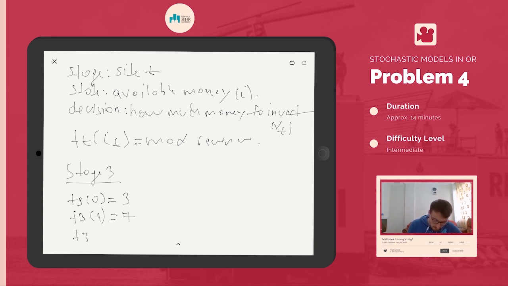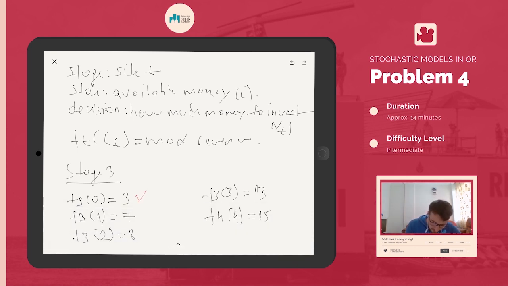If I have $2 million, then I will invest it and I will get $8 million in return. If I have $3 million, I will invest it and I will get $13 million in return. In the end, if I have $4 million available, then I will invest it all and will get in return $15 million. We need to write next to it our decisions.